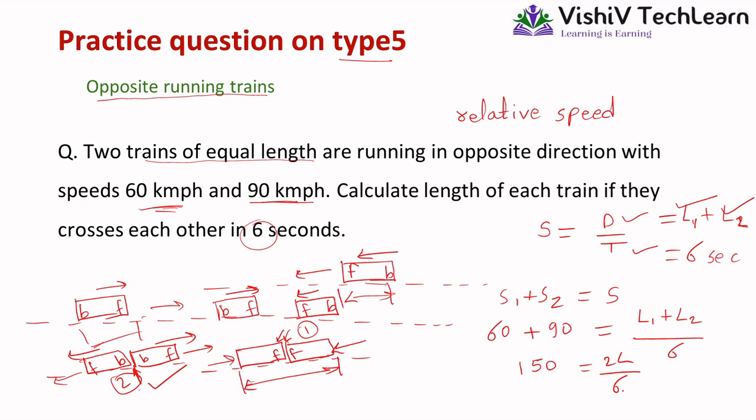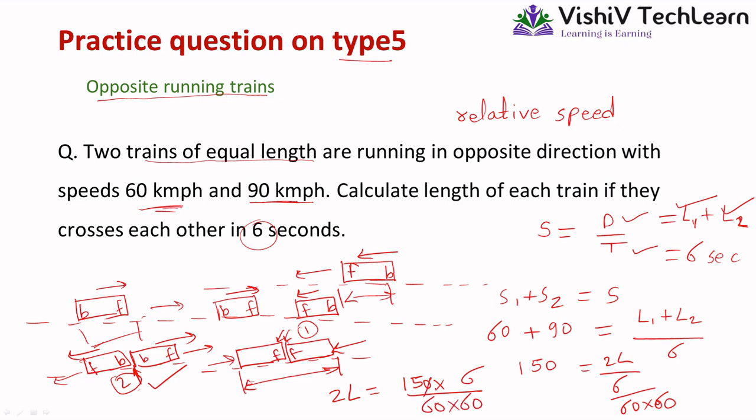Now 6 is in seconds, so we have to convert it into hours by dividing it by 60 and 60 again. Let's write it again here: 2L is equal to 150 into 6 divided by 60 into 60.